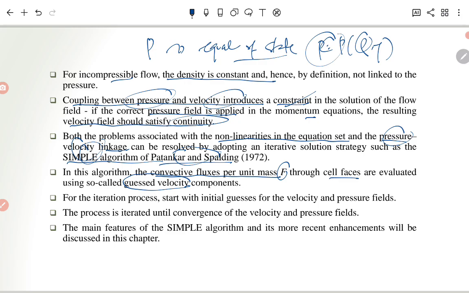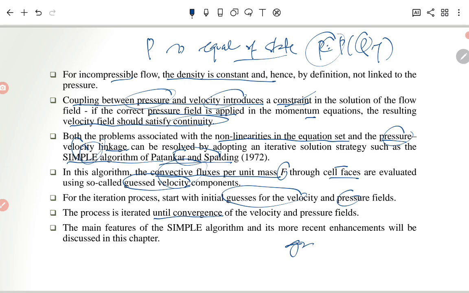Since we do not know the pressure, we do not know the convective flux at the cell, so we guess the value first before we do the simulation. For the iteration process, we start with a guessed value of velocity and pressure, and then the process will iterate until it converges, until the guessed value is nearly the correct value.